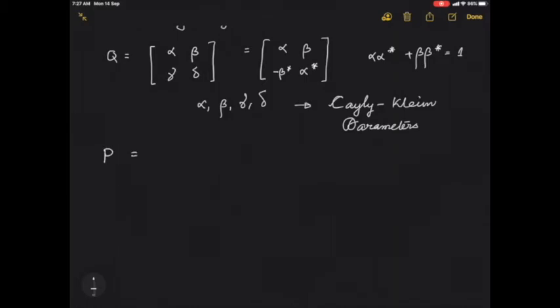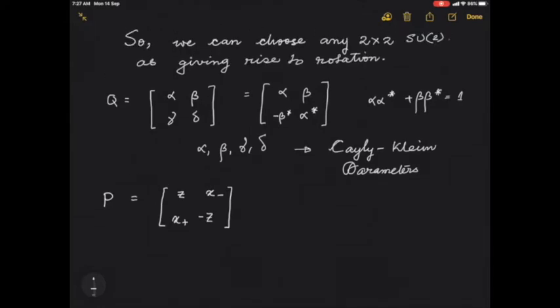Also remember that a state, which is what changes if there is a rotation, we represented this as z, x minus, x plus, and minus z. So if I have a rotation, so let me write down.